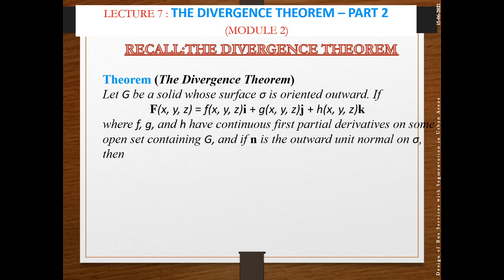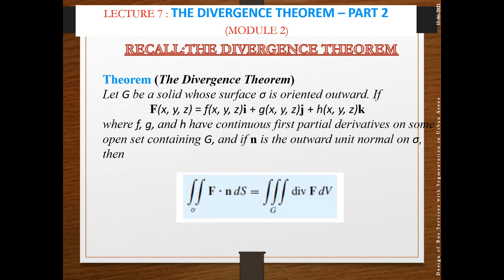Let G be a solid whose surface sigma is oriented outward.